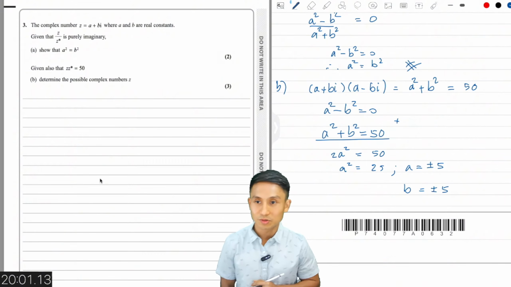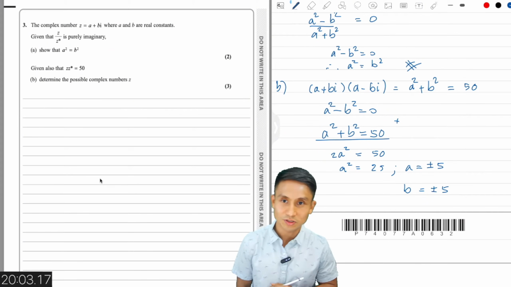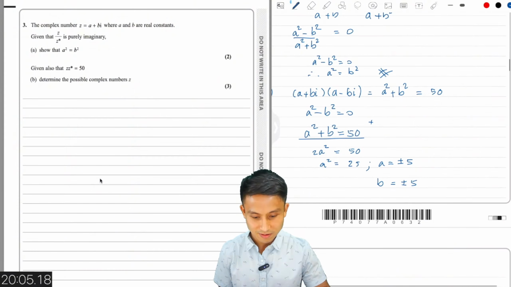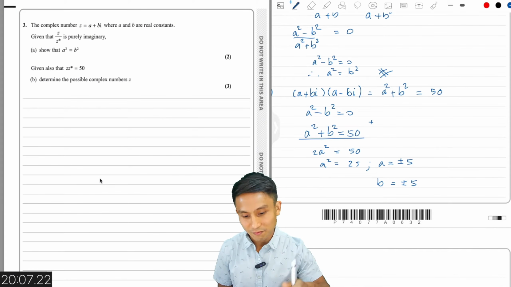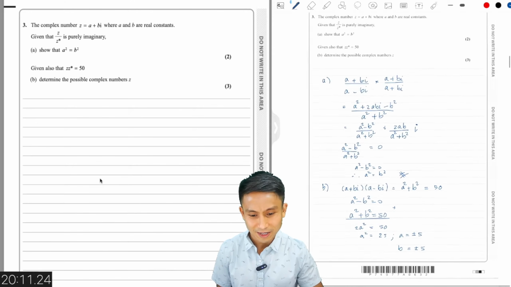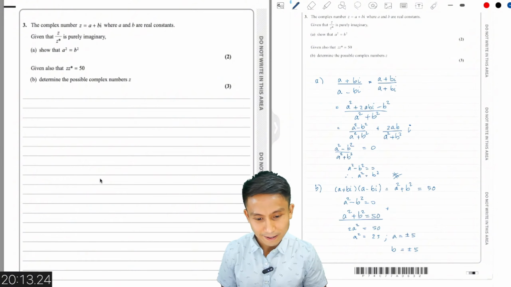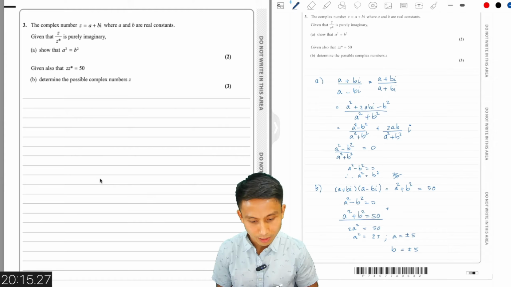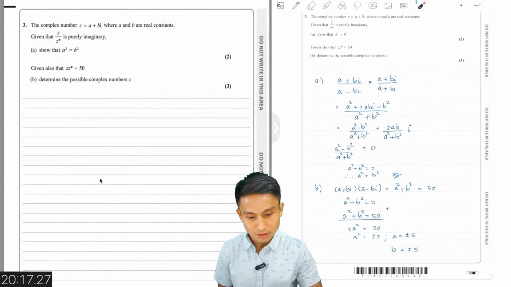Possible complex numbers z. Okay, so is it just going to be... Okay, so if a is 5, b is 5 or minus 5. So I guess we have 4 cases. Hang on, we got to be careful there. I'm checking all the conditions because we might have many cases here. At most 4 cases, I guess.